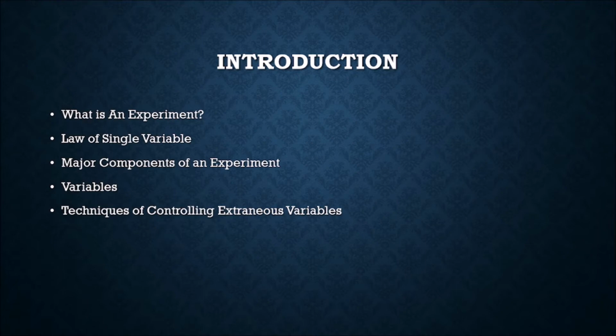Secondly, we are now studying the major components of an experiment. In the simplest conventional experiment, we usually make an experimental group and a control group.